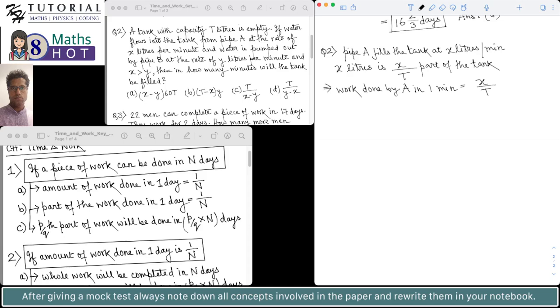Now regarding the pipe B, it is given that pipe B empties the tank at y liters per minute.